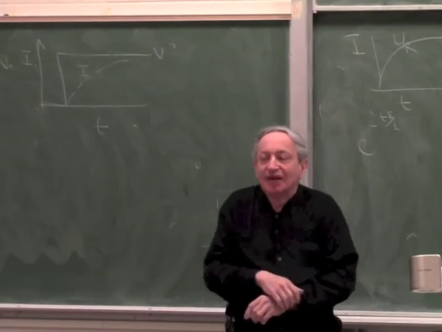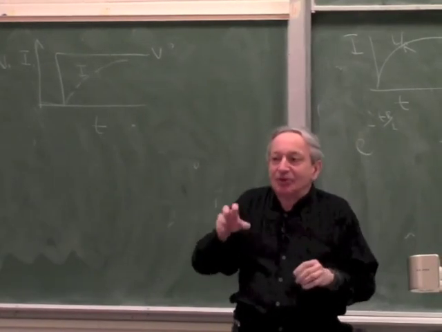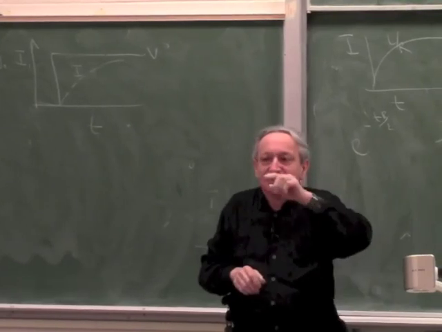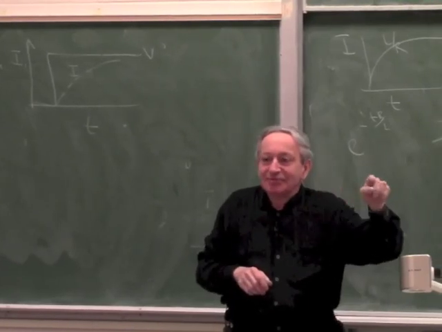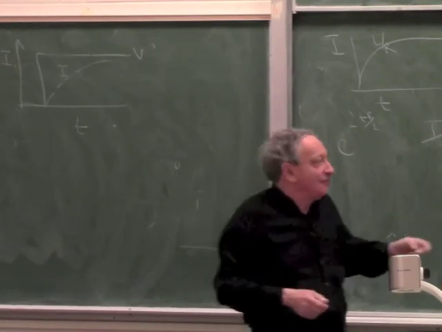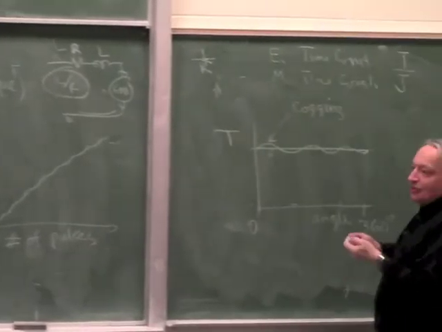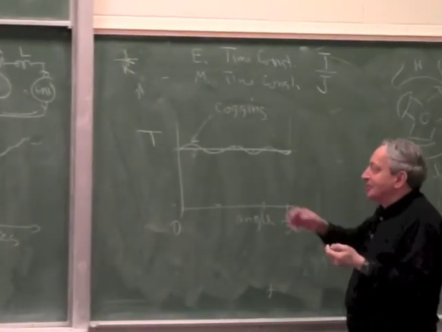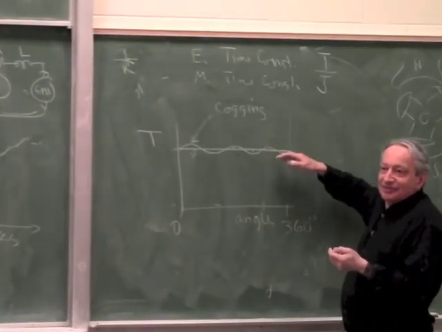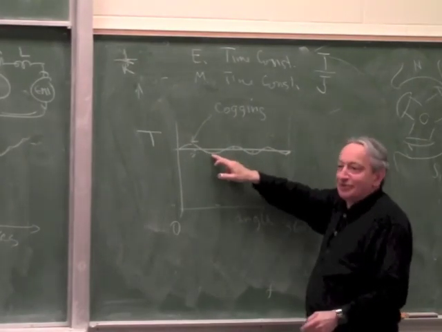Because say if you run a motor at a constant speed against a constant torque, because of the cogging there will be minute speed fluctuations. Let's say you're holding the motor back at a constant torque, but if there is cogging, what will happen is the speed will fluctuate. Because at some point it has a bit more torque, and at some point it has a bit less torque.